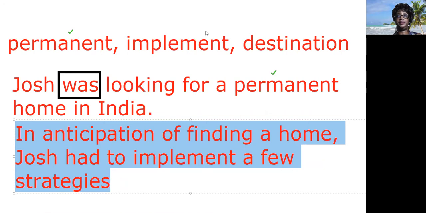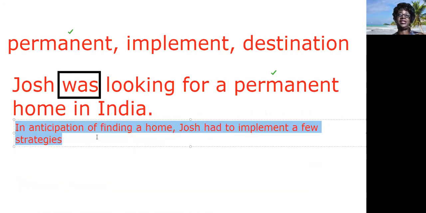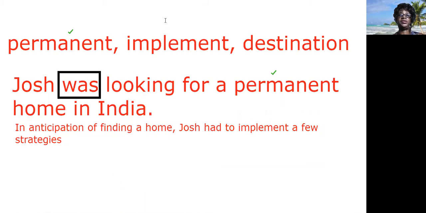Let's make this print a little smaller. Josh had to implement a few strategies. So here is our second word, and this one is implement. Had is past tense. So he may very well did find a permanent home in India.